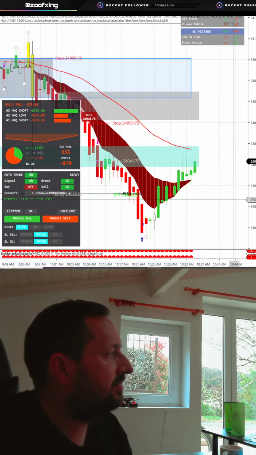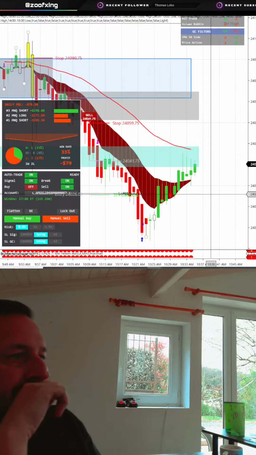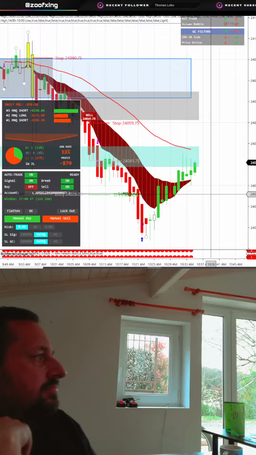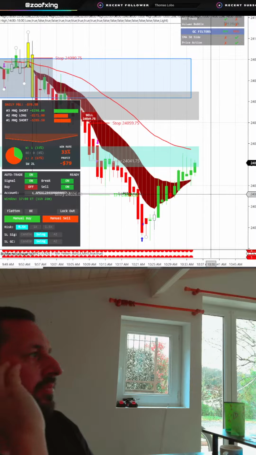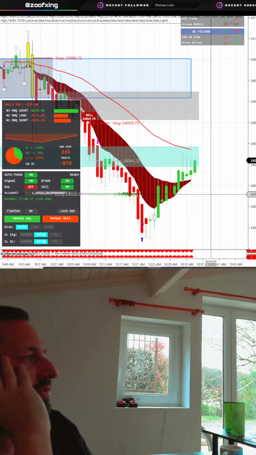It's putting up a fight. We're not seeing particularly big bullish volume though. We'll see whether it kicks in on this candle. Sellers still pushing it back.